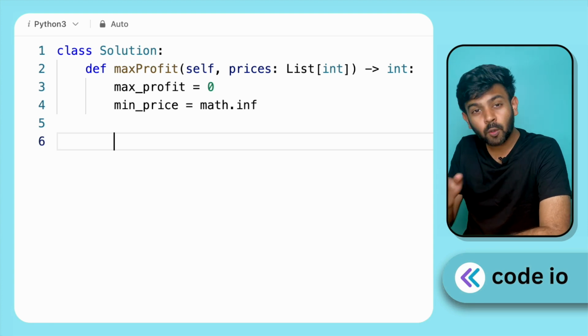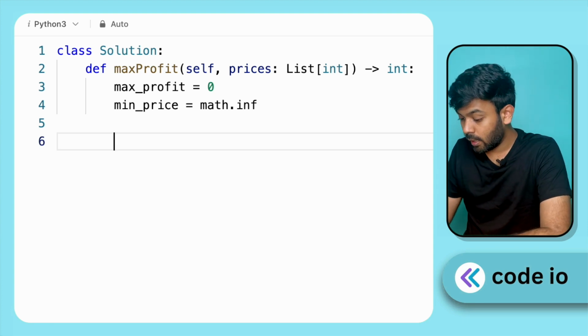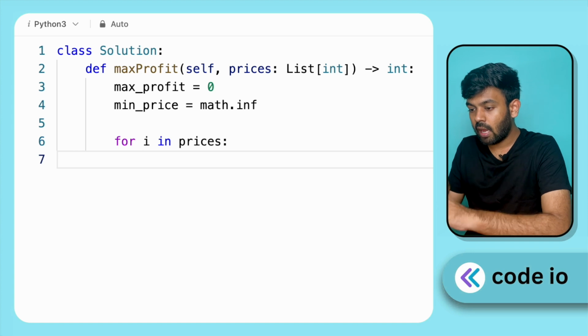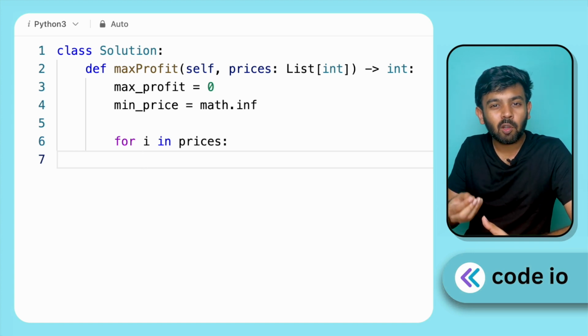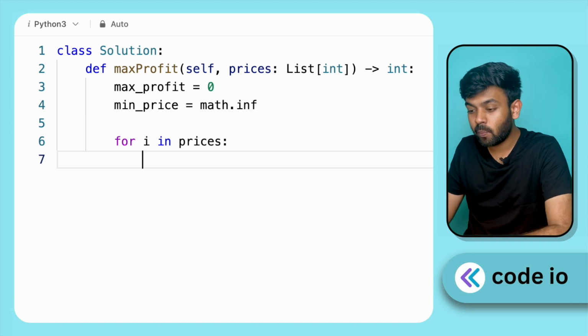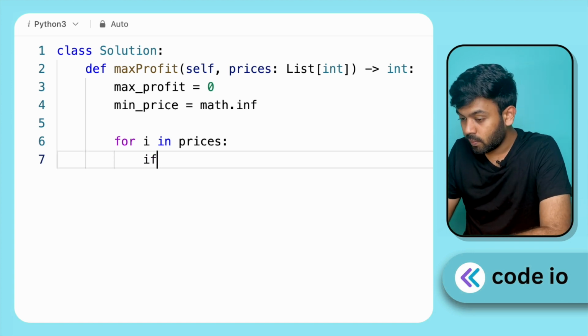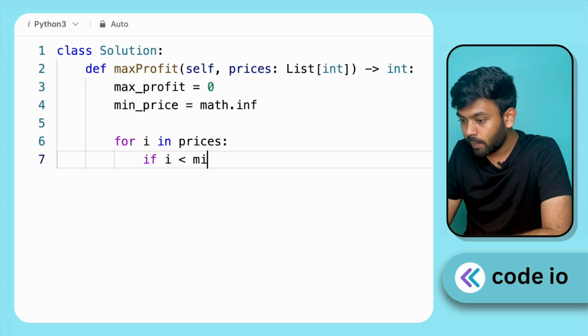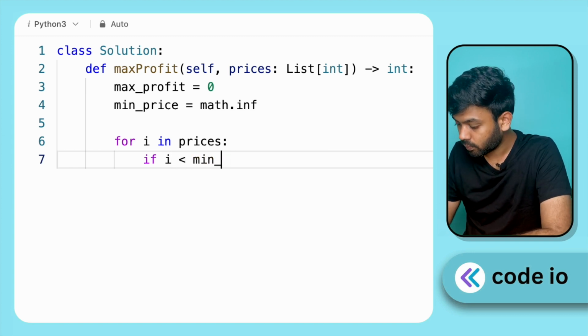Okay, now we are just going to iterate through our array or list, for i in prices. For i in prices, i assumes the value of every single element in this list, and you're going to see if your current price, which is i, is less than your min price.